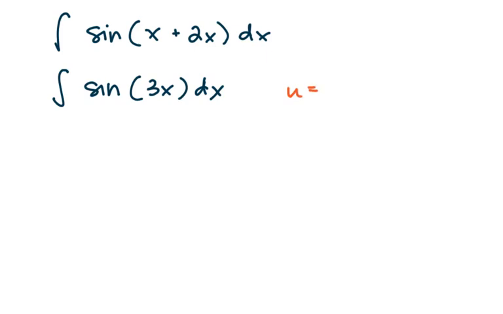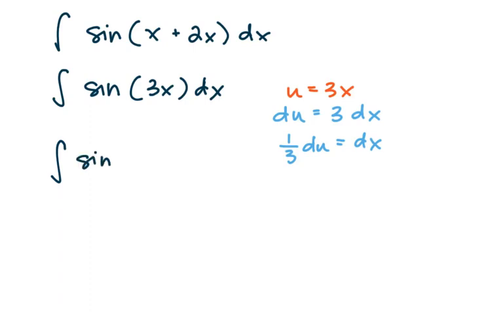We have u equals 3x, so then du equals 3 dx, or 1/3 du equals dx. This becomes the integral of sine u, and that dx becomes 1/3 du.